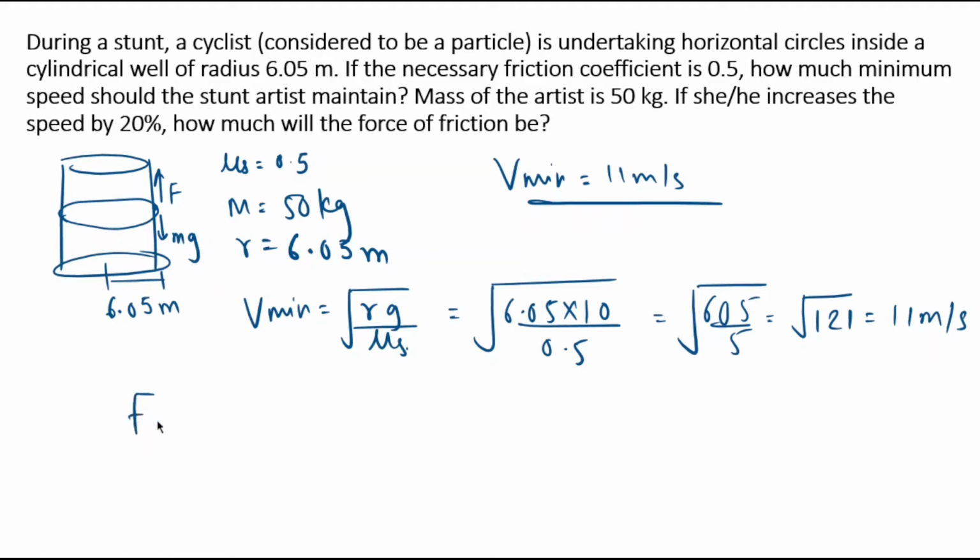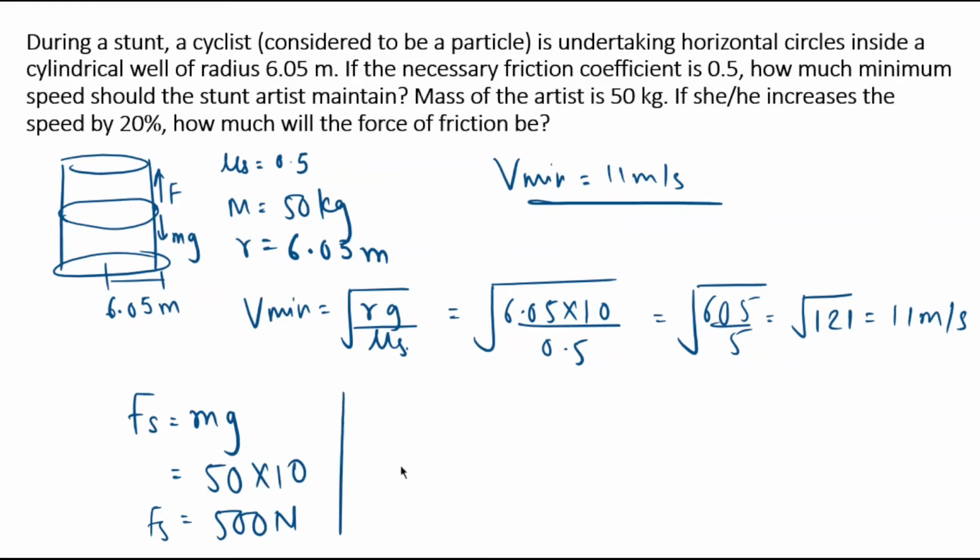So we can say that the friction force is equal to mg. For equilibrium, the friction force will be mass that is given as 50 kg into acceleration due to gravity, that is 10. So this will be 500 Newton. So while riding this and to maintain the equilibrium, the frictional force that is provided in the upward direction because of his speed is 500 Newton.